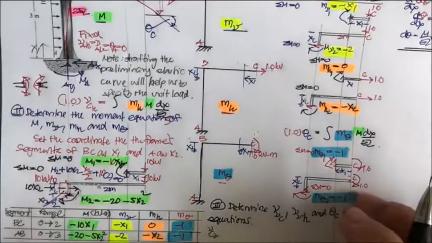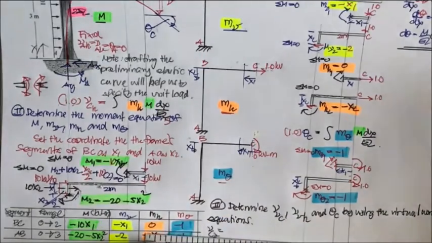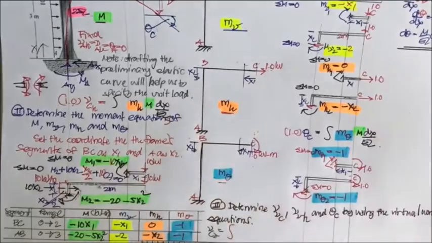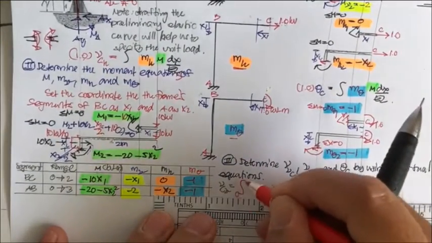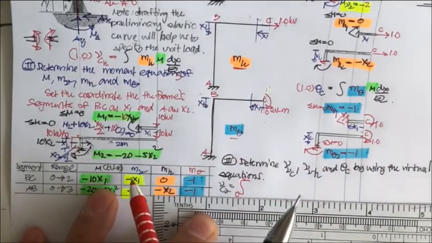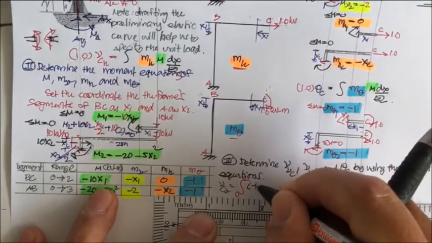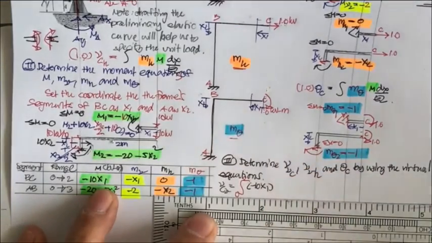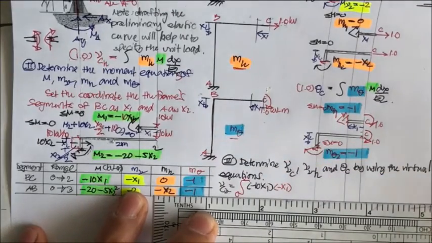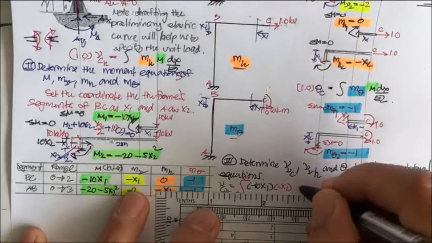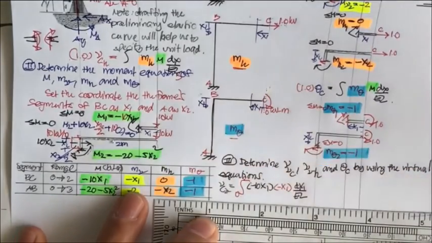Next, let me compute V sub CV. V sub CV is going to be equal to the integration of 0 to 2, and this one times this one, and then it's going to be times minus x1, and then dx1, divided by only EI.